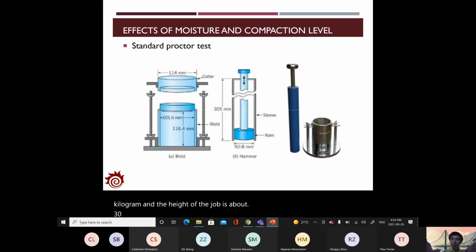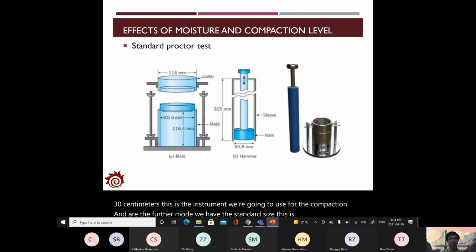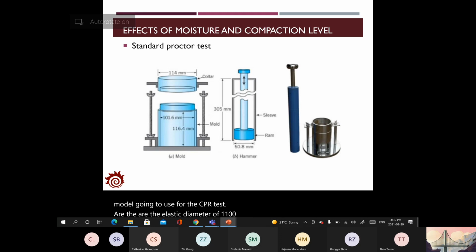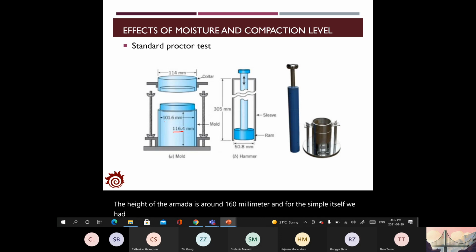This is the instrument we're going to use for the compaction. And for the mold, we have the standard size. This is the size of the mold we're going to use for the CBR test. It has a diameter of 114 millimeters, and the height of the mold is around 160 millimeters, and the sample itself has an internal diameter of 101 millimeters.